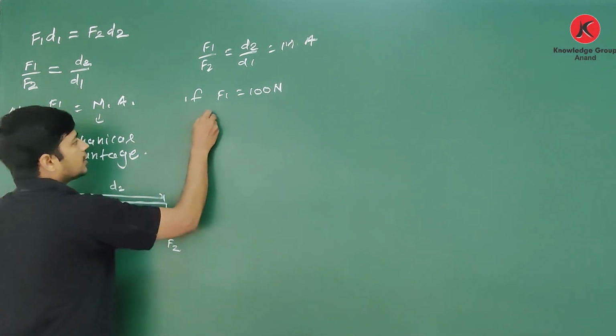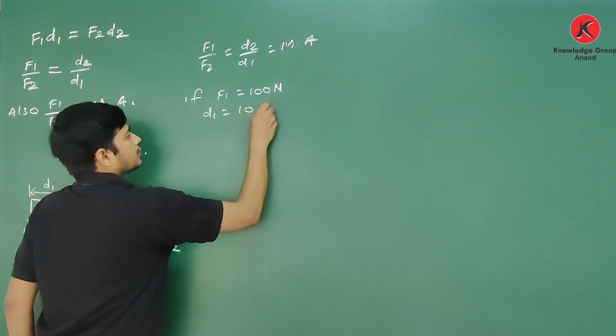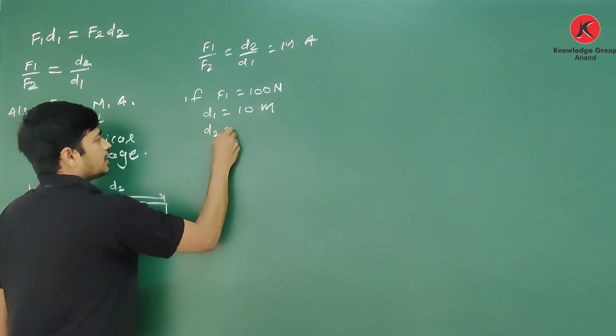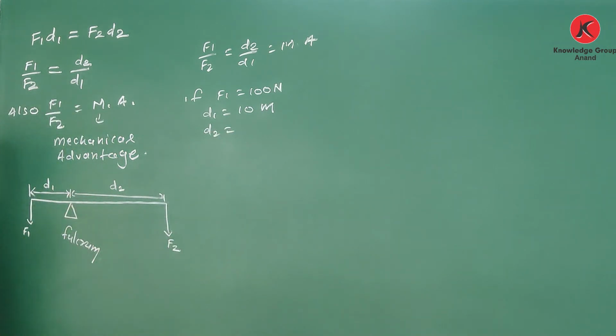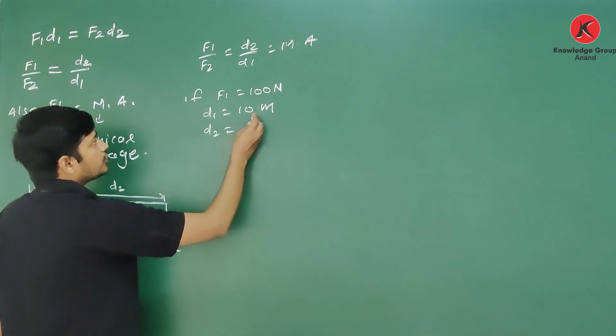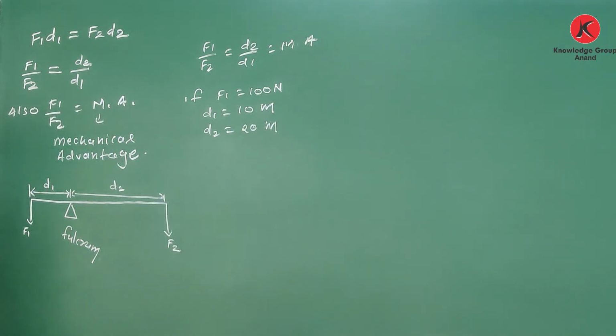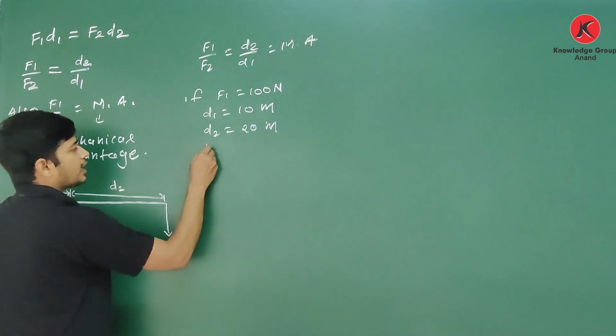Let D1 be equal to 10 meter. From the figure it is clear that D2 is greater than D1. So for example, D2 is equal to 20 meter.